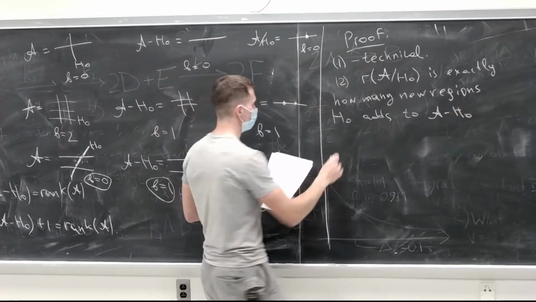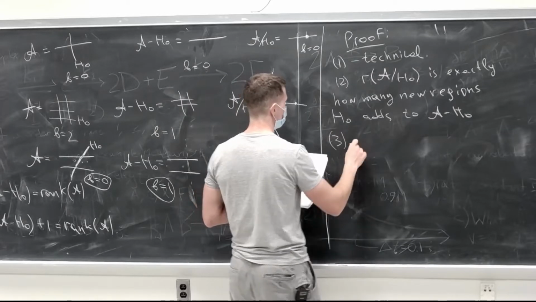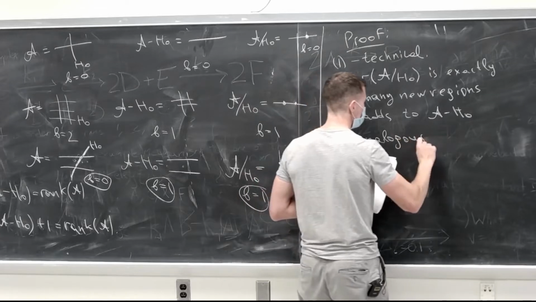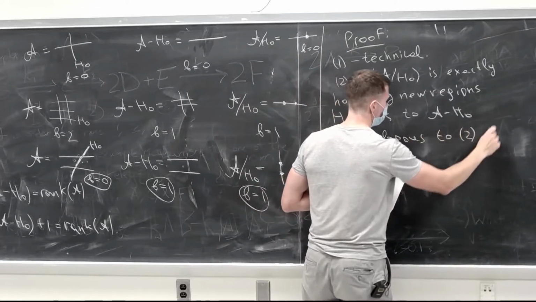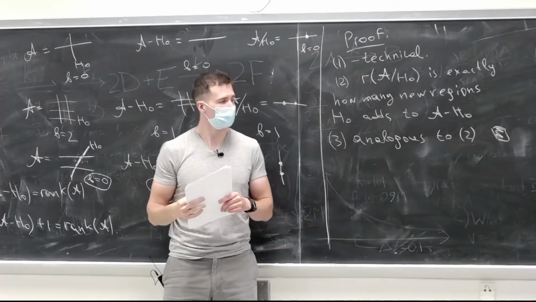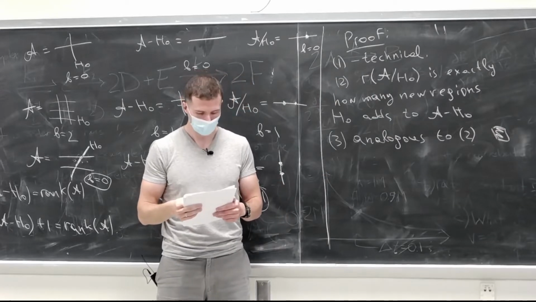And finally, the third part, let me just say that it's analogous to the second, although there is more work involved in this one, but basically the idea is analogous.